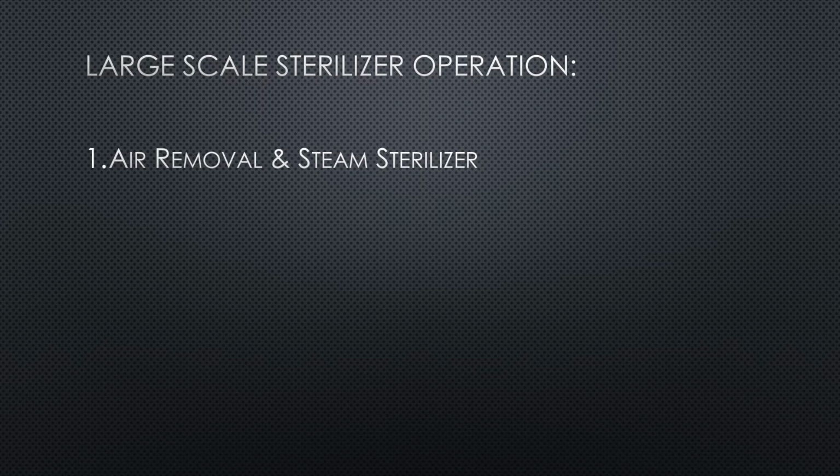Air can be removed from the steam sterilizer either by downward displacement with steam or by evacuation, or both, because the first thing is we have to remove the cool air present inside the sterilizer, and it is displaced with the help of the steam.